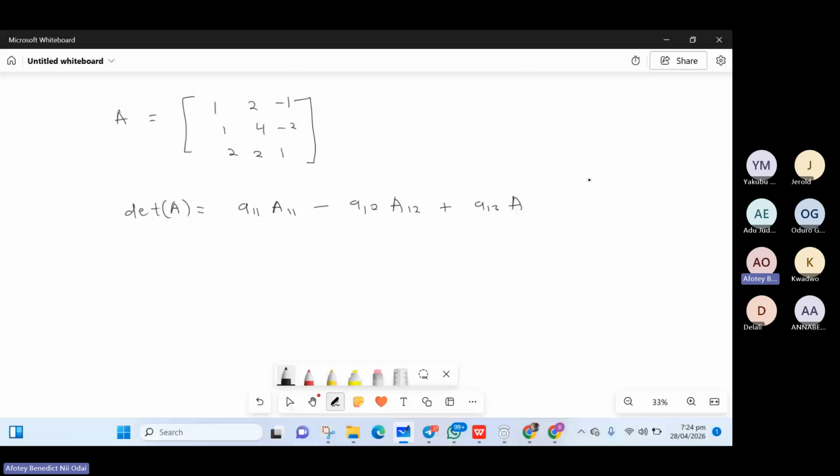Now, to find the determinant, you can use any of the rows that we have.